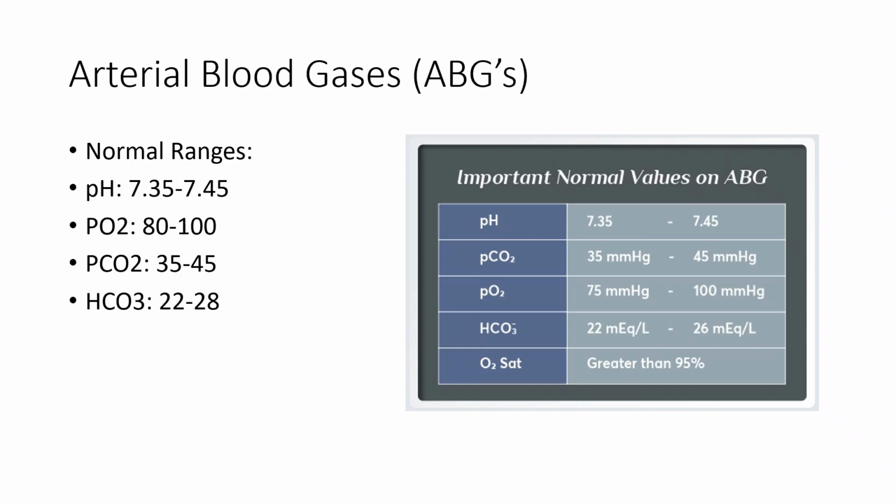For example, if a patient has metabolic acidosis, then we can increase the patient's respiratory rate on the ventilator to blow off more carbon dioxide and to help normalize that pH and maintain homeostasis.